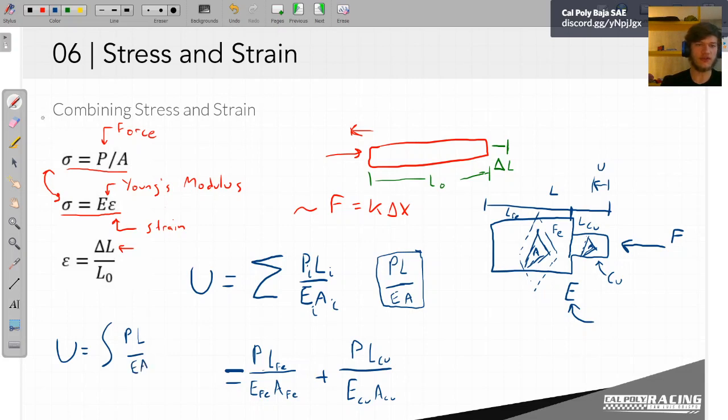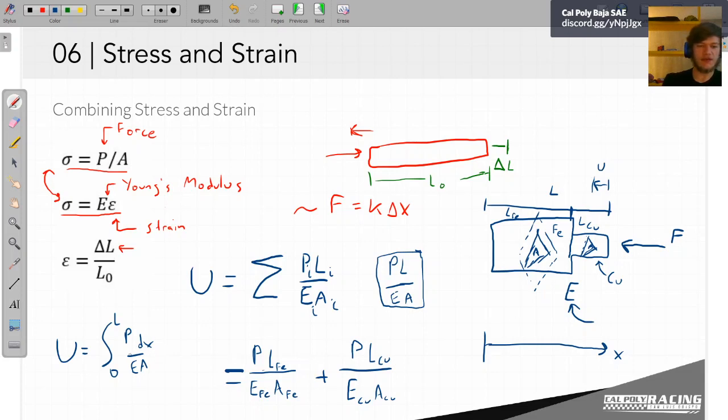And usually if you write this as an integral, they integrate over some dimension. So a lot of times you see P dx over EA from 0 to length L. They're just saying we're going to sum up all of the little displacements along X over our length from 0 to L.